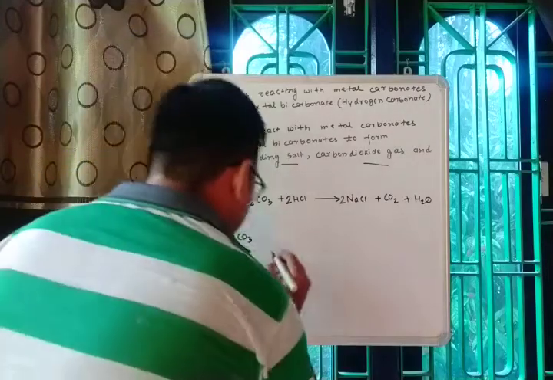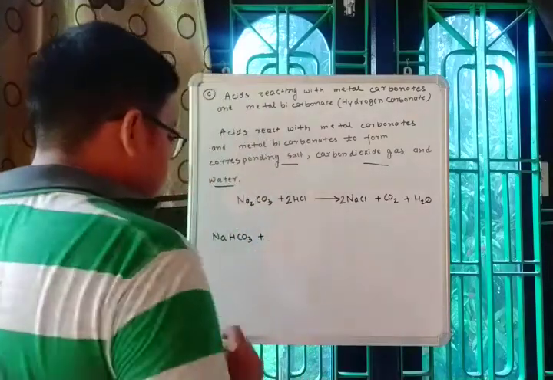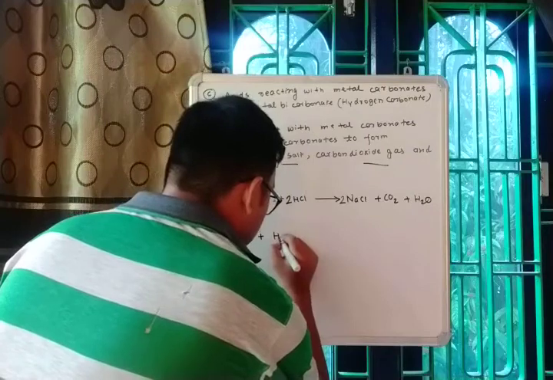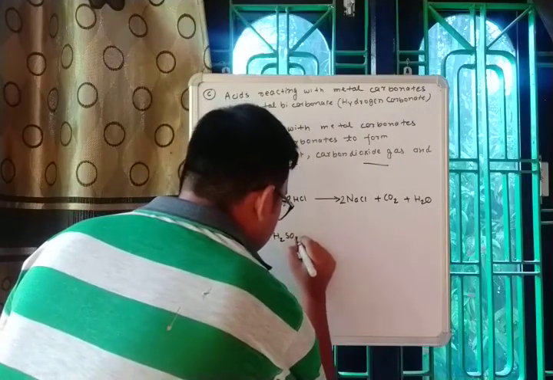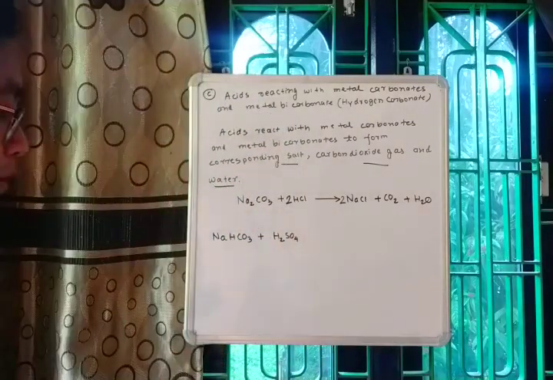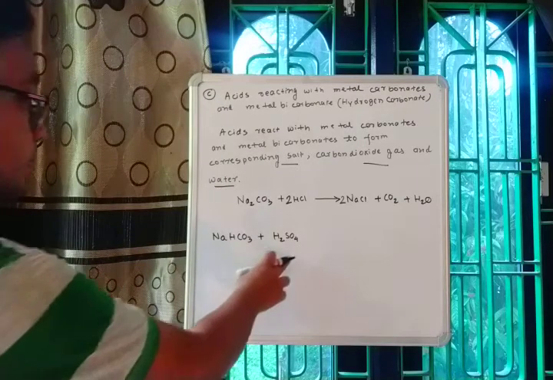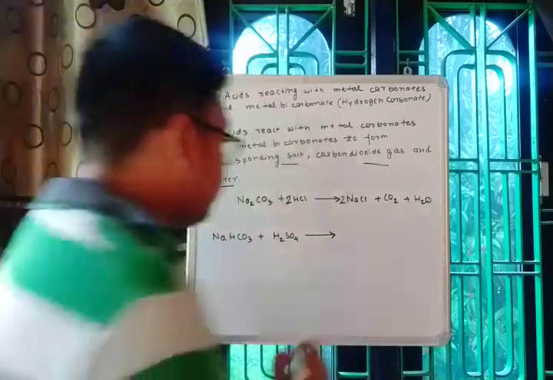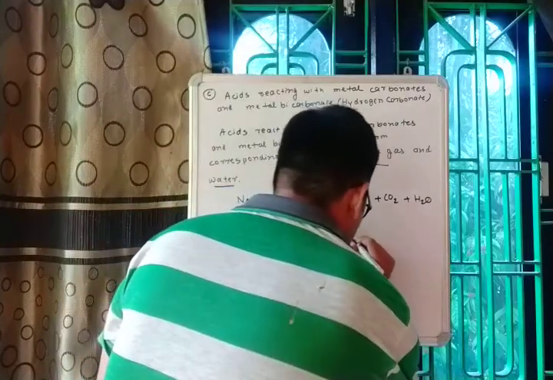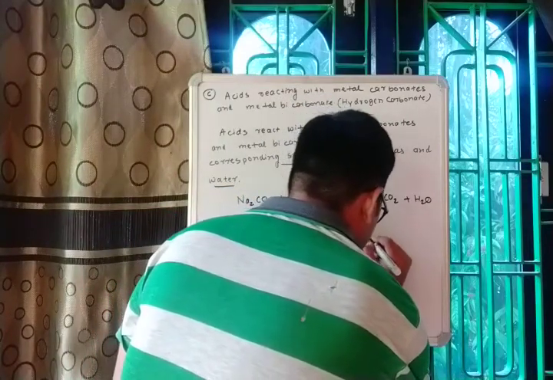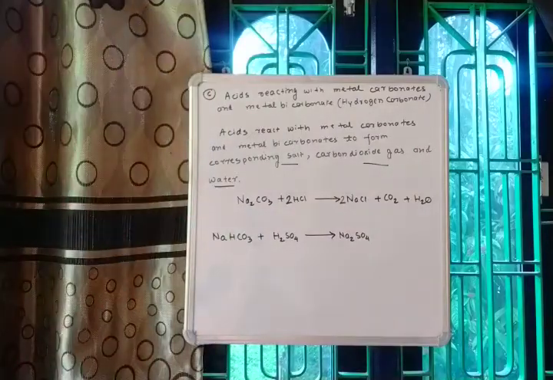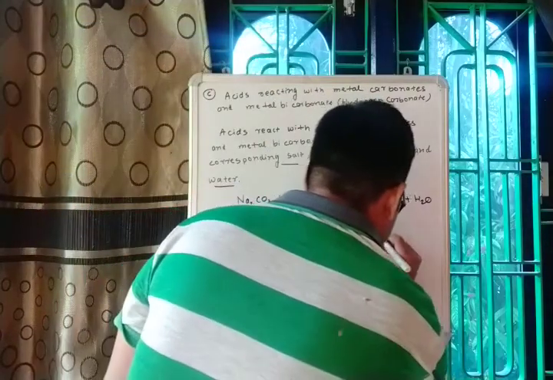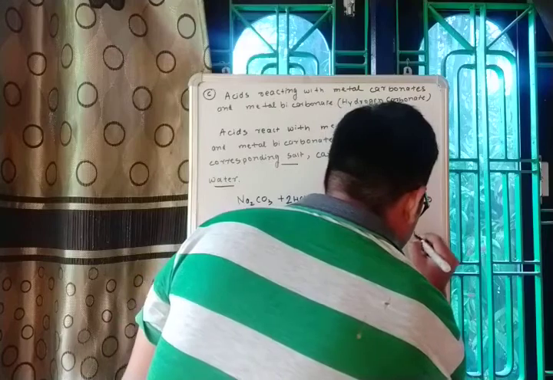Sodium bicarbonate plus H2SO4. This time we are taking a different acid, sulfuric acid. NaHCO3 plus H2SO4 will give you Na2SO4 plus CO2 plus H2O.